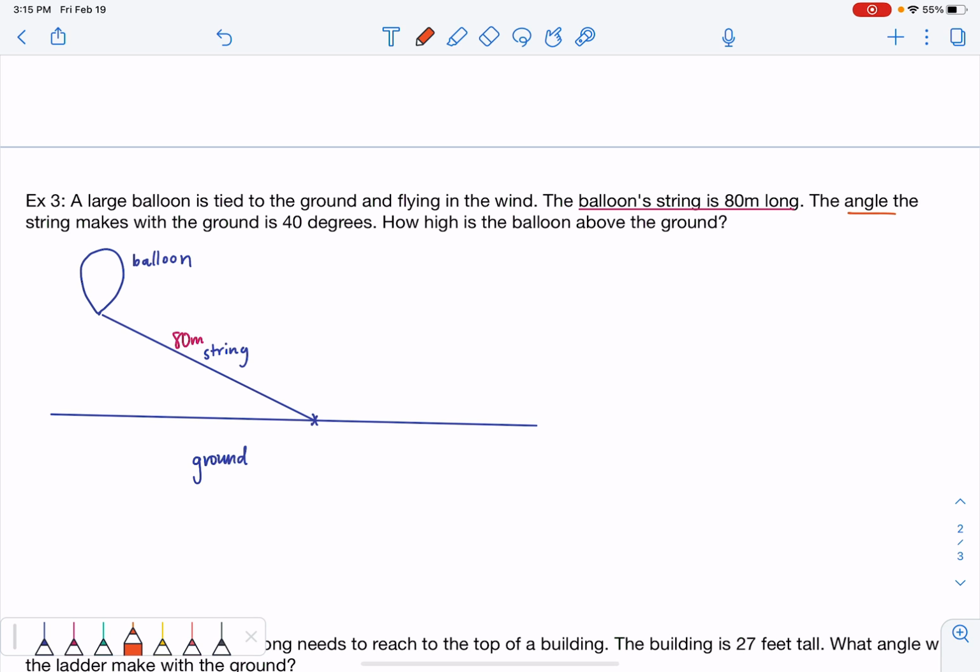The angle the string makes with the ground, so string and ground, this angle is 40 degrees. How high is the balloon above the ground? So we want to know, what is that height?